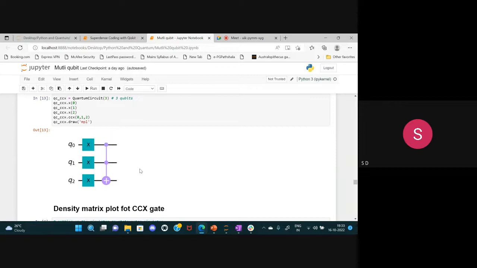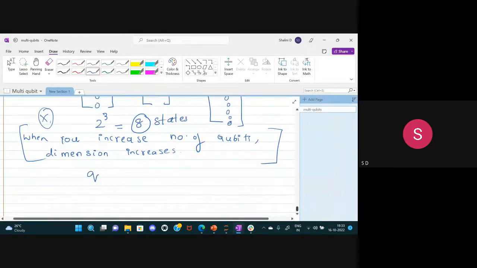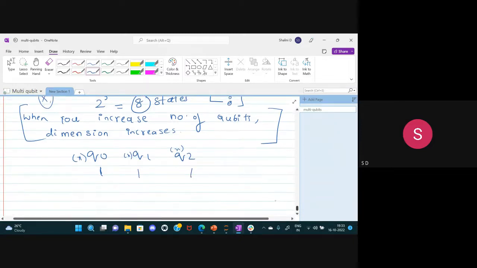So Q0, Q1, Q2: after applying the X gate, we got 1 1 1 because the bits are flipped to 1. When we apply CCX, what do we get? 1 1 is there. The condition is satisfied, so it will become 0. So we'll get 1 1 0.